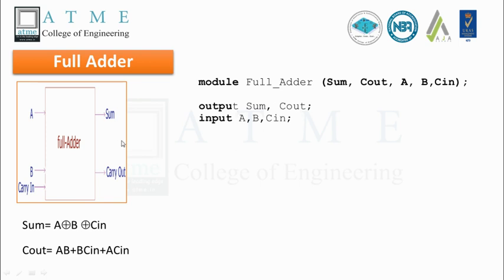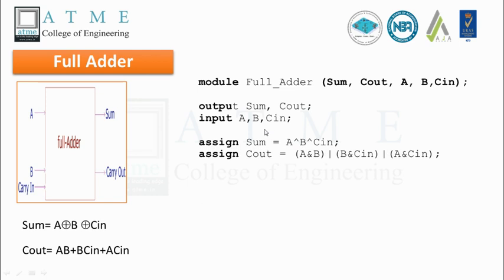If they are different, for example if the bit size of the ports is different, say sum is 2 bit and carry out is 1 bit, in that context they have to be separated in different lines. For inputs, there are three inputs which can be declared through the keyword input, followed by A, comma B, comma C in. So this is the declaration of inputs and outputs.